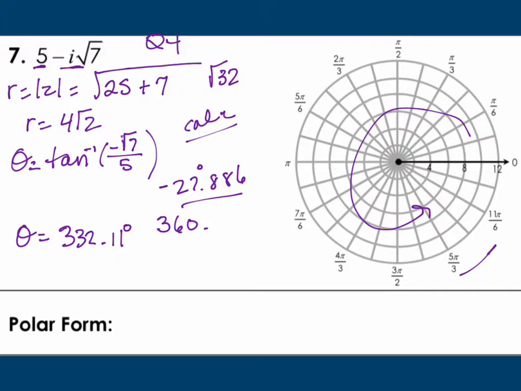So it's 4 square root of 2, 332.11 degrees. 4 times the square root of 2 is about 5.7. So we're looking at about 5.7, and 332 would be somewhere right around here.